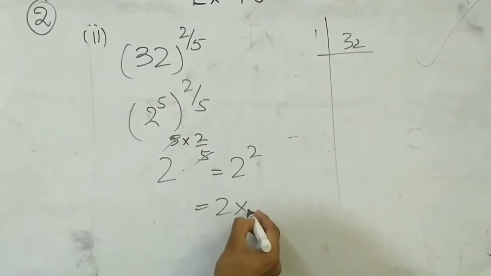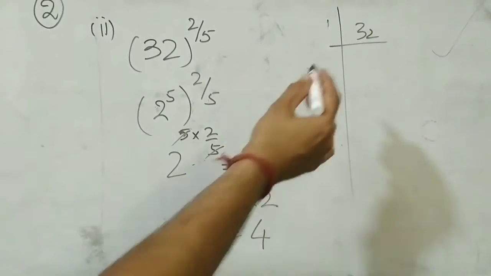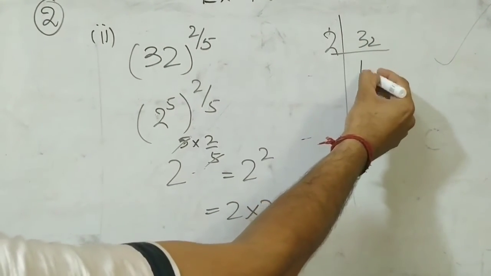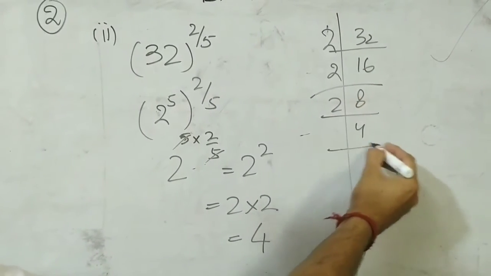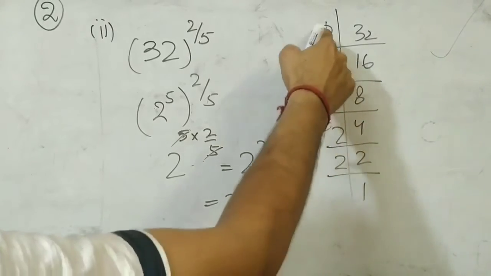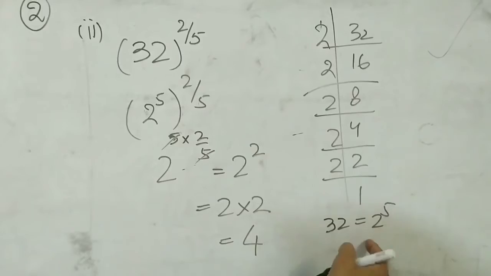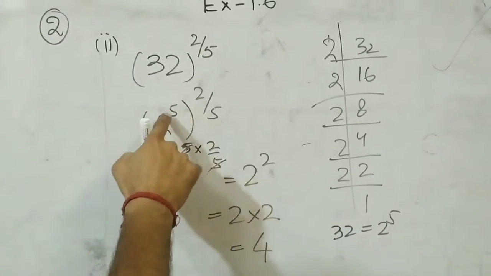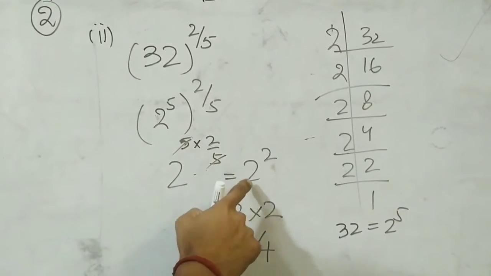So that will be 2 into 2, that will be 4. If you want to find the value of all the factors, you can see 1 2 3 4 5, that means 32 is equal to 2 to the power 5. This value you can put here, and after putting this value you will multiply these powers as per the formula. They will cancel out each other and you will get 4.